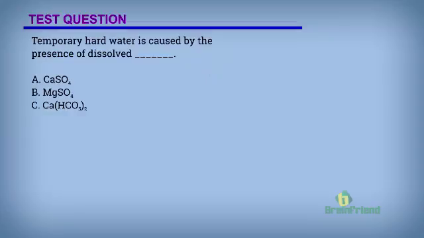Now we'll take a quick test. Temporary hard water is caused by the presence of dissolved dash. A, calcium tetrasulfate 6. B, magnesium tetrasulfate 6. C, calcium hydrogen triisocarbonate 4.